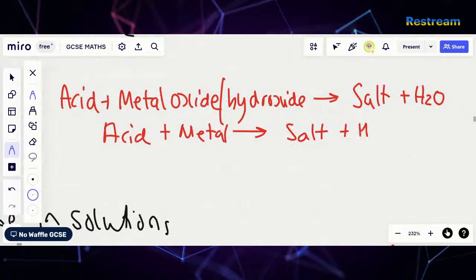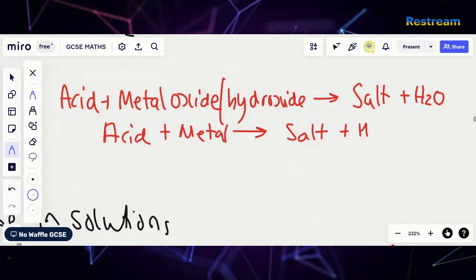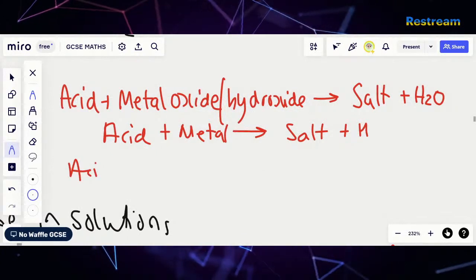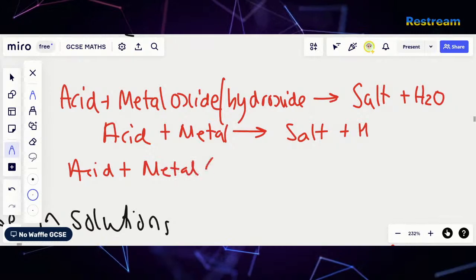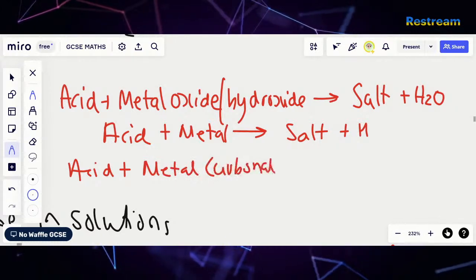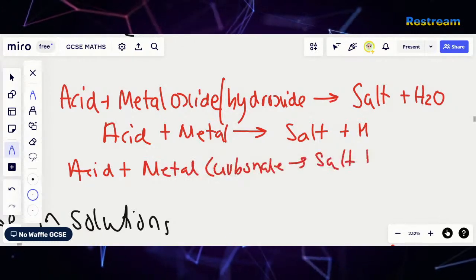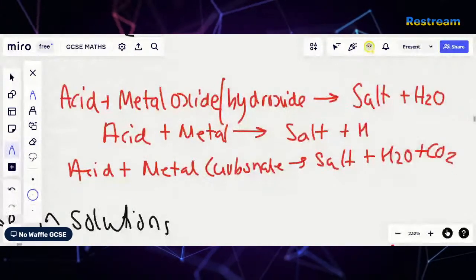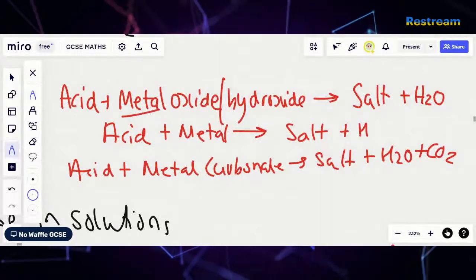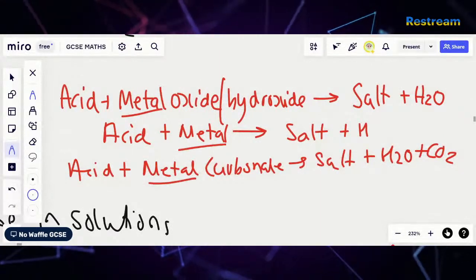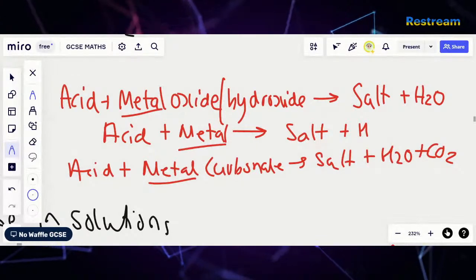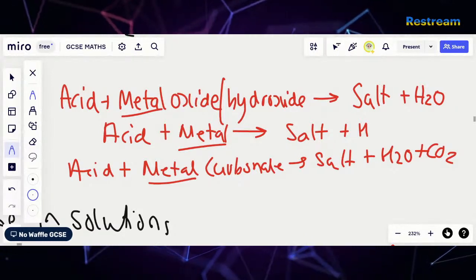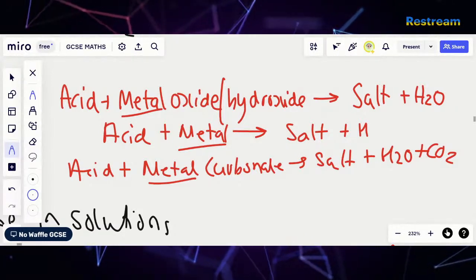There's no oxygen there in that equation, so you can only create hydrogen. And if you're reacting acid plus metal carbonate, as we said, you will get salt plus water plus carbon dioxide. So you can see how it can be very confusing, with acid plus metal reactions producing 3 different products. You need to remember when you're looking at a question, is it a metal hydroxide or oxide? Is it just a metal, or is it a metal carbonate? And then make your decision from there onwards.